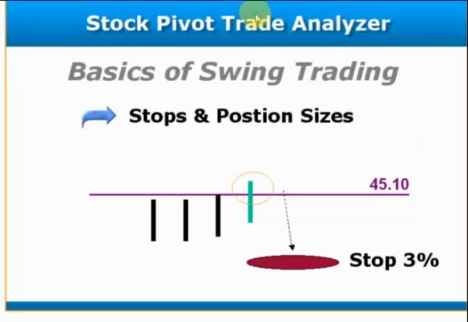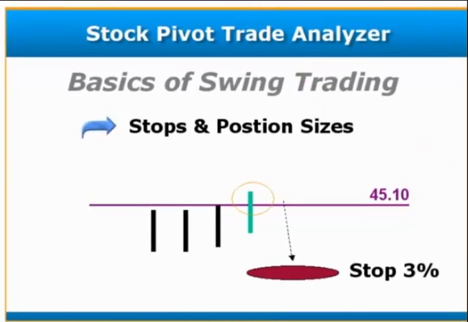Now in swing trading, once we get a trigger and we get into a trade, we need to know where to put the stop. Stops are a necessary evil. Alright, they're not perfect. Sometimes you get stopped out, and that's going to cost you money. However, they prevent catastrophic loss.